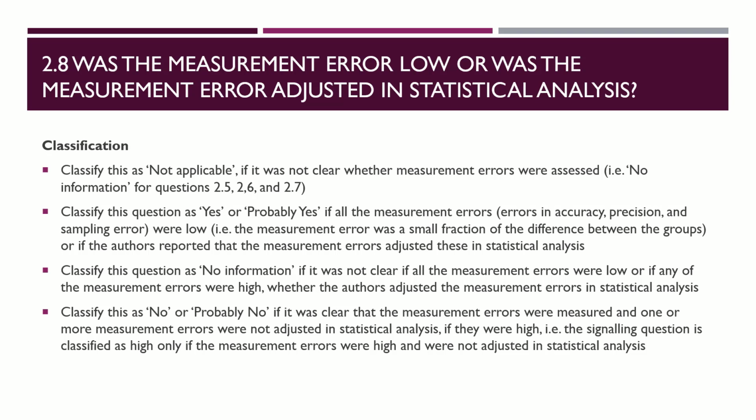And if it was not clear whether all the measurement errors were low, then you would also classify it as no information. Now, if at least one of the measurement errors was high and was not adjusted in statistical analysis, then you would classify it as no or probably no. Okay, so that's how this classification is done.